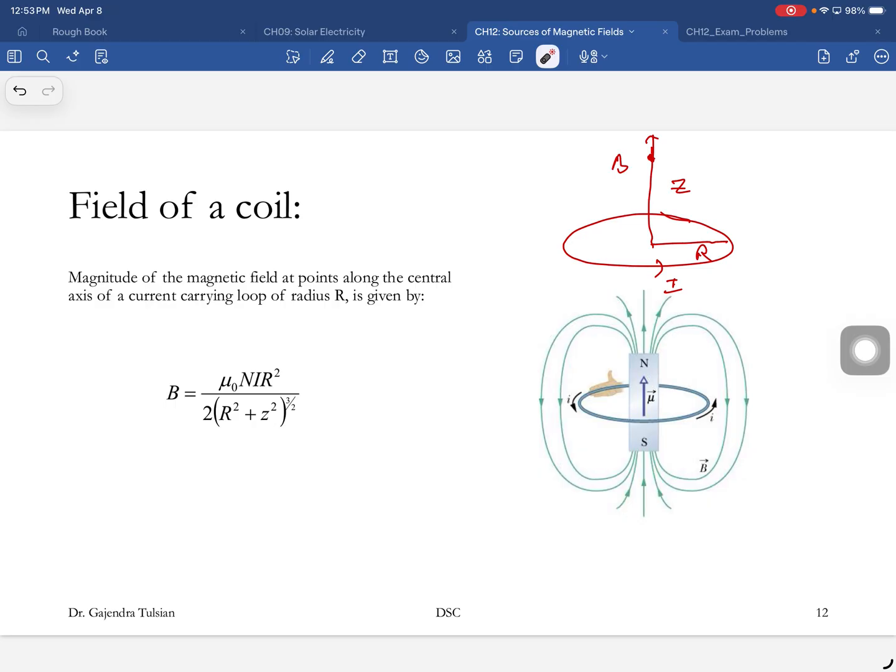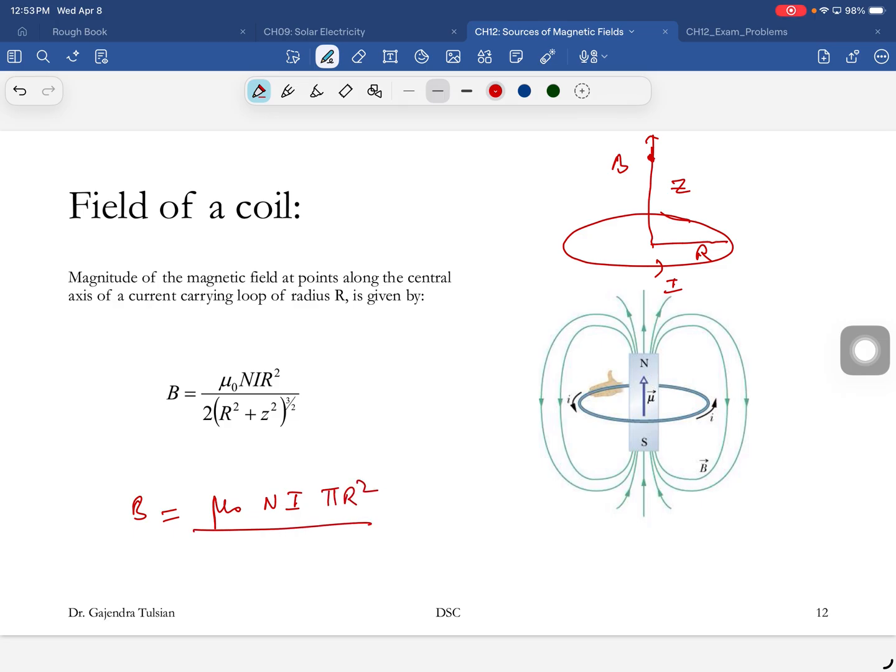Okay, now what we'll do is we'll multiply this by mu naught N I R squared over 2, I multiply that by pi and divide by pi, over (R squared plus Z squared) to the 3/2.